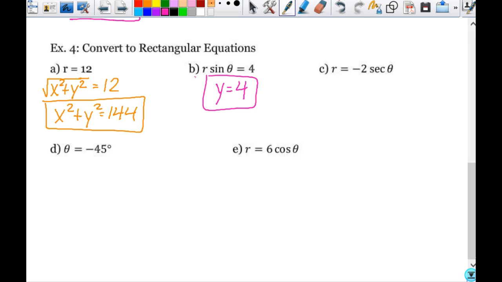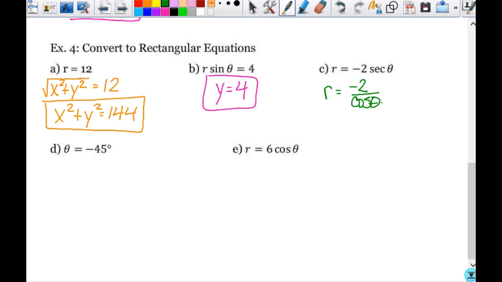Well, good? All right, so here we've got r equals -2 secant theta. I'd really like to get rid of the secant and make it into a sine, cosine, or tangent. So r is equal to -2. What's the reciprocal of secant? Cosine. So it's -2 over cosine theta. Now, I don't have anything that I can just straight substitute for cosine theta, and I'd also like it out of the denominator.